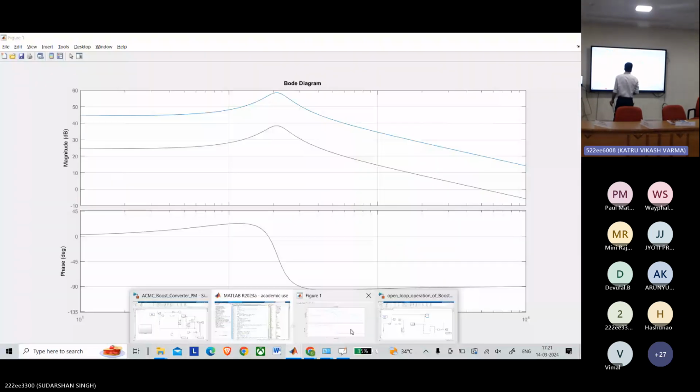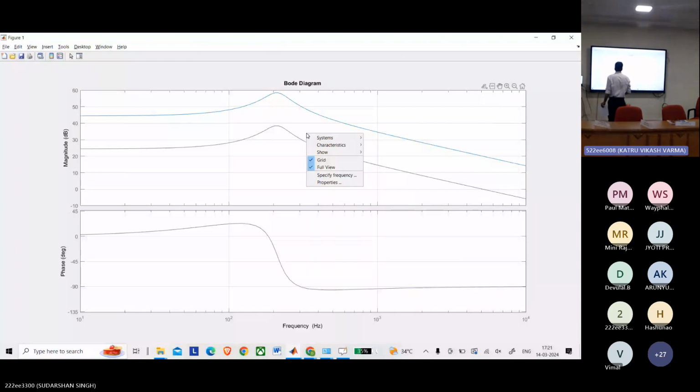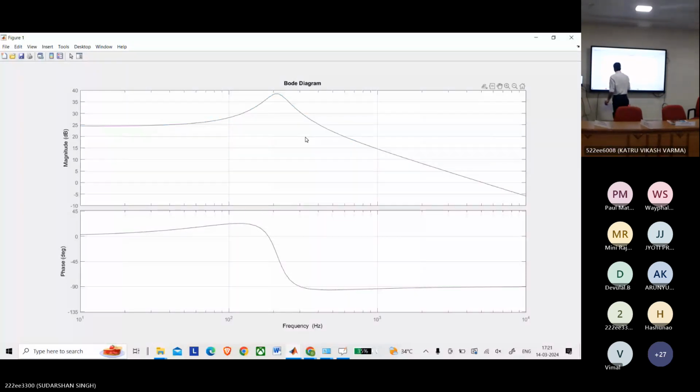Obviously, you can understand that the gain will be reduced now. So what is the bandwidth of this uncompensated system? As far as power electronics is concerned, bandwidth is where the magnitude plot crosses 0 dB.